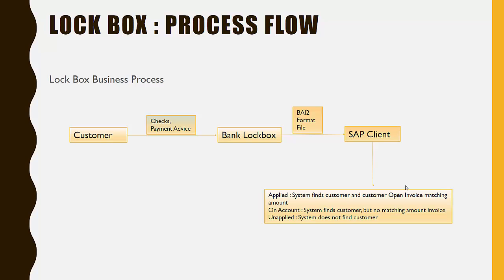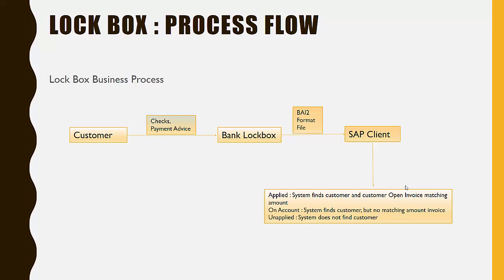Someone has to deposit checks in the bank, and once the checks get cleared, the bank will send a bank statement, which could be manual or electronic, and then the money is updated. Money comes into the SAP or bank account. What Lockbox does is automate this whole manual process of receiving the check, entering the check, and receiving the money.